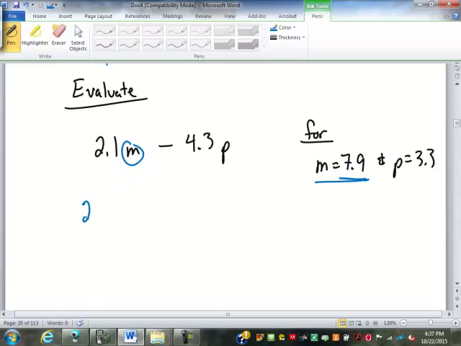So this is going to become 2.1 times 7.9, because 2.1m means 2.1 times m. And then minus 4.3 times 3.3, since p is going to become 3.3.